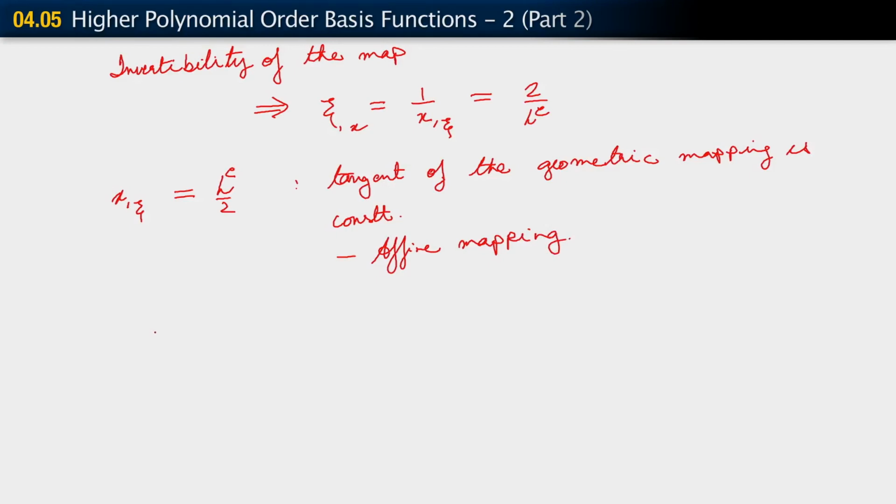So with all of that in place, we now have a very straightforward approach to computing this integral.